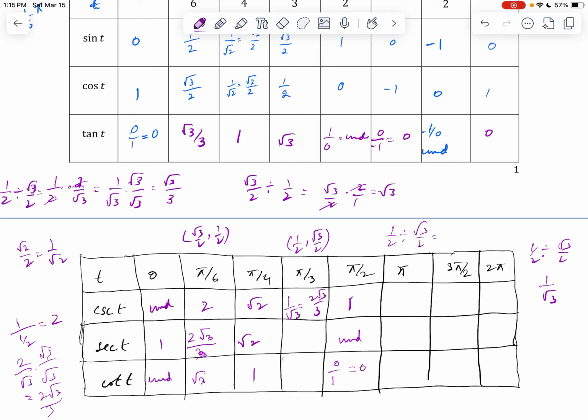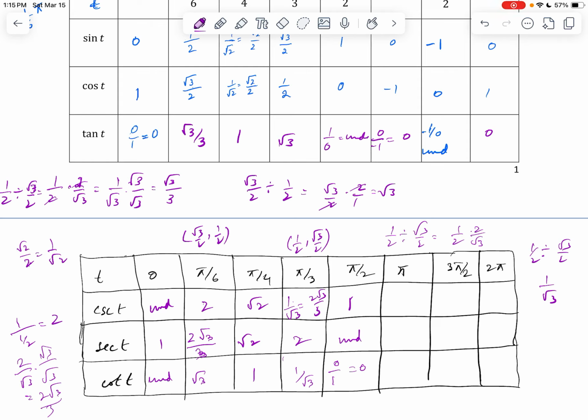So this will be flipped, so we get 1 over 2 into 2 over square root of 3. So x over y, right? So this gives you 1 over square root of 3. The secant of t will be just 2 because secant is 1 over x and x is 1/2. 1 over 1/2 will be 2.